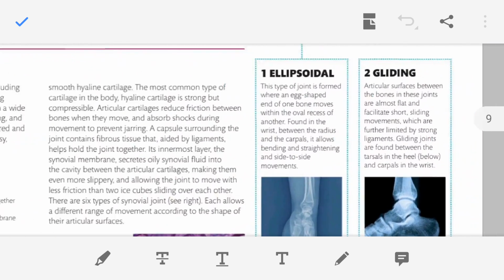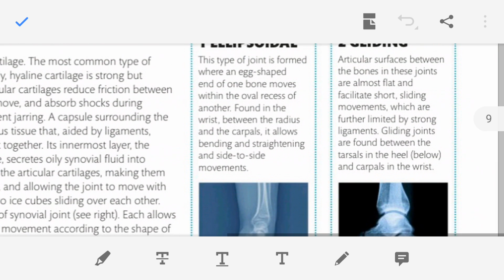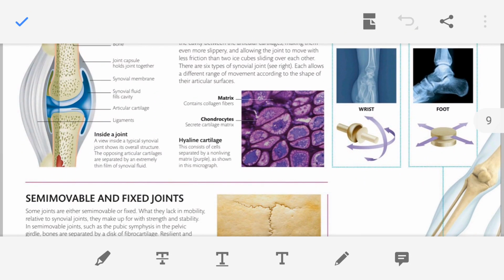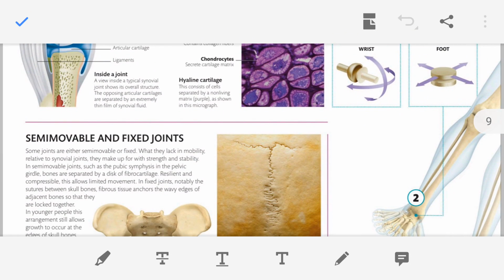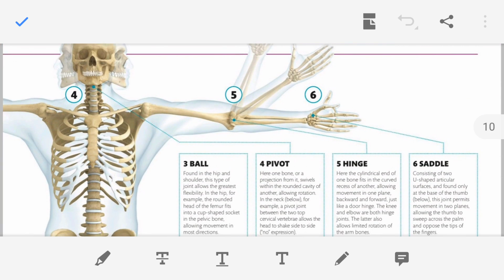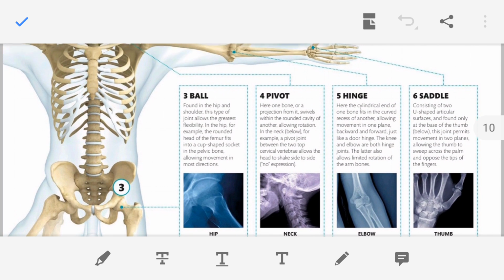But I am showing you so that you can start your preparation regarding the types of synovial joint. Number two, these are all synovial joints: ball and socket, pivot, hinge, saddle, and with a number they are showing where they are present.